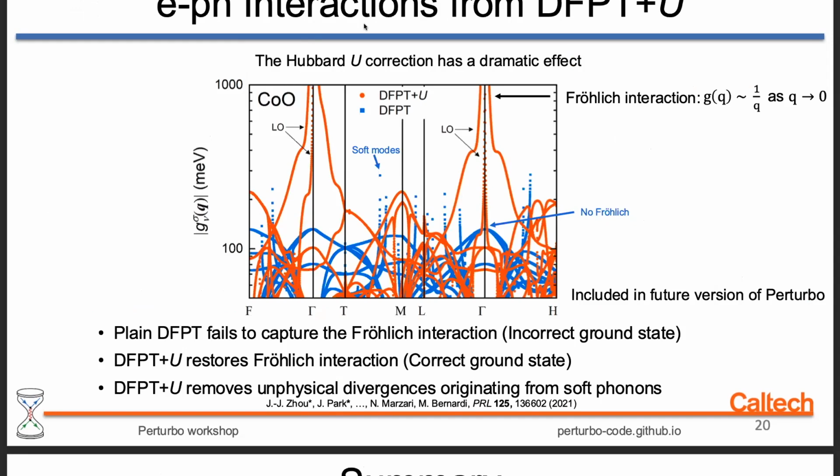So it's a pretty striking difference if you compare the electron phonon coupling without the Hubbard U correction to the one with.